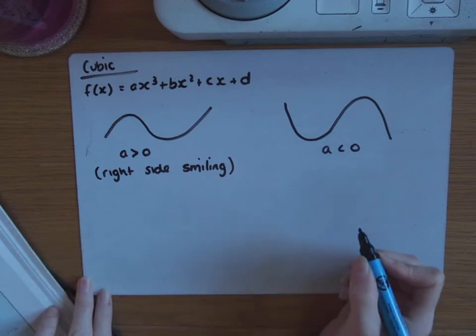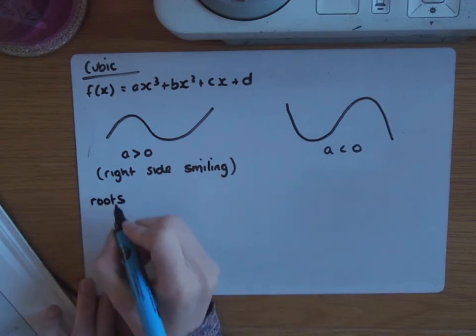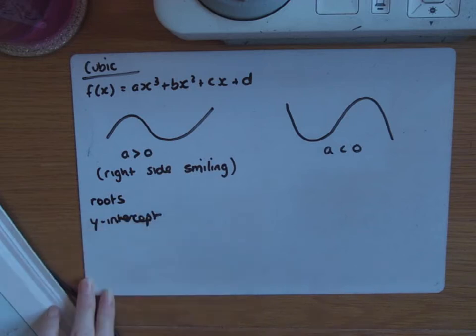So mainly to sketch a cubic you're looking for the roots and you're looking for the y-intercept. You can then make your graph more accurate by finding the max and min points, but you can't do max and min points of a cubic without calculus.